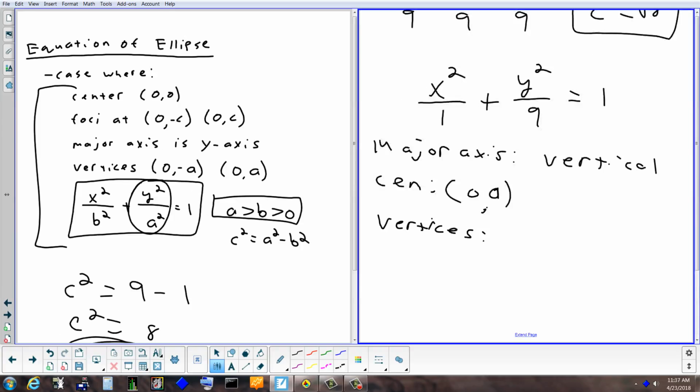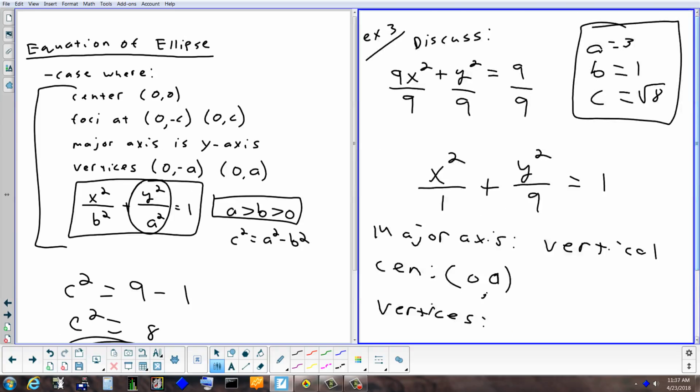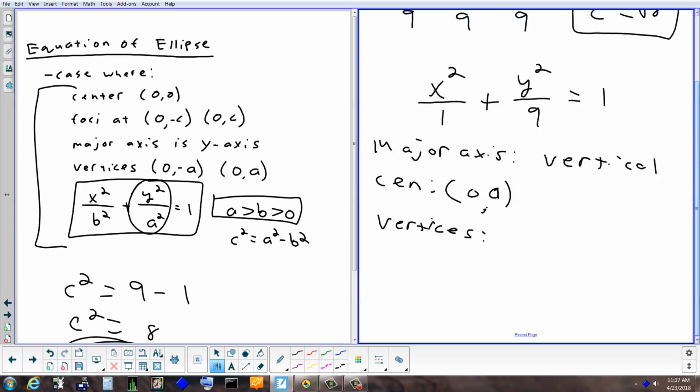What letter tells us something about the vertices? A, B, or C? A, the distance from the center to the vertex. Are the vertices going to be above and below the center, or left and right of it? Above and below. So I'm going to go back up and look at A. A is 3. My center is at the origin. What's 3 units above the origin? Yep, 0, 3. And 3 units below? Yep. So I'm just going to write it that way.